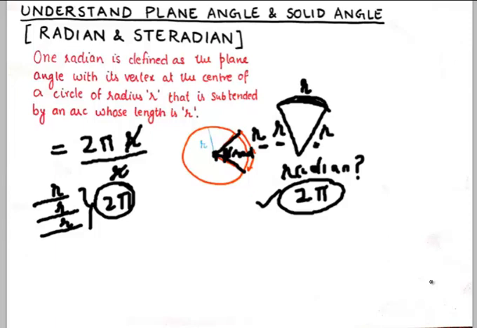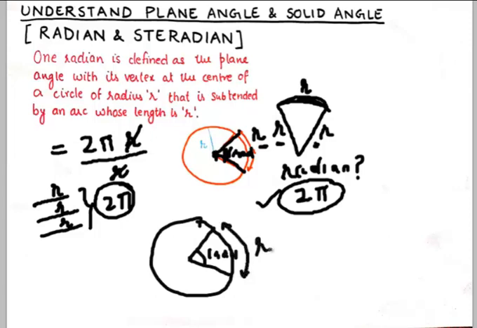So if we look at the definition of radian, it is defined as the plane angle with its vertex at the center. So if I take up a circle, I need to keep my vertex at the center, and the angle 1 radian would be made if I keep this length of the arc to be equivalent to r.